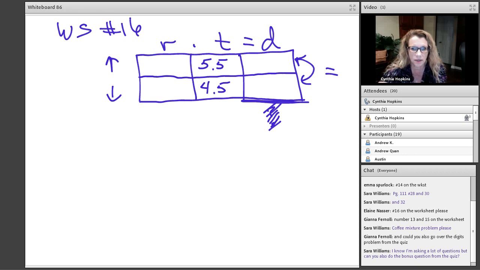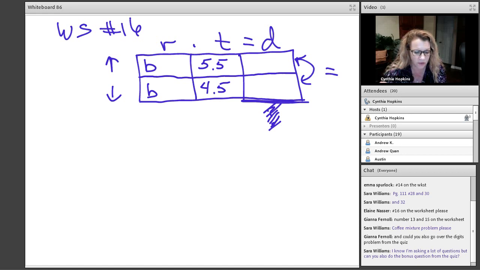So the swimmer is the main thing, and then the current helps or hinders. The boat is the main thing, and then the current helps or hinders. The plane is the main thing, and then the wind either helps or hinders. Okay, so the boat, in this case, is the thing they're asking us to solve for. So I'm going to call that B. So you start with B. The boat is the main thing.